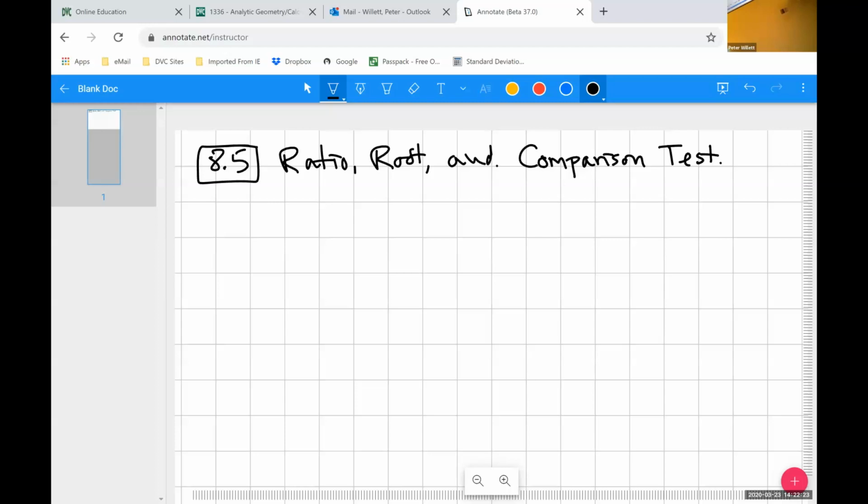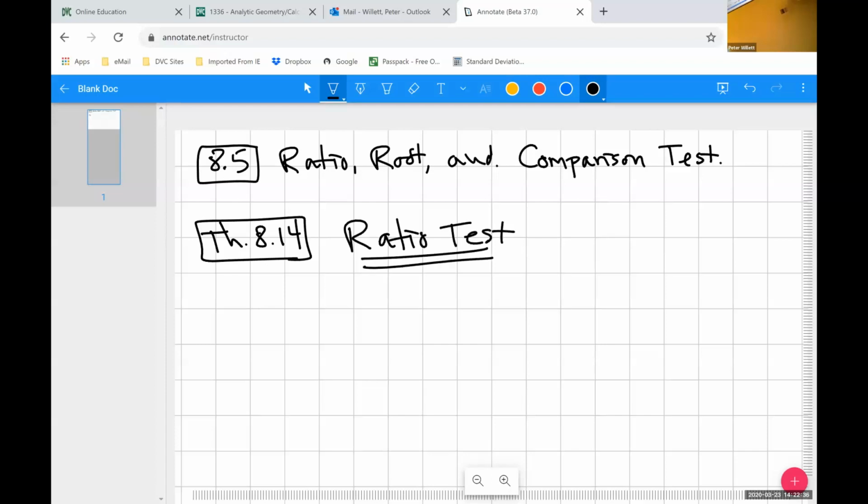So that kicks off Theorem 8.14, the ratio test. And this is on page 641.